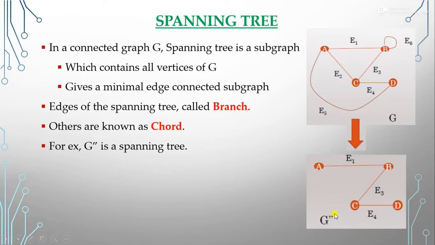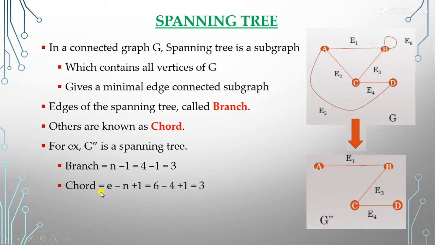So if we have this example, G double dash is a spanning tree. So what are the branches here? Because there are 4 vertices, 4 minus 1, 3 edges are there, and we say that the edges of the spanning tree are branches. So the branches are 3 here. And what are the chords here? You know how many edges we remove to make the spanning tree?